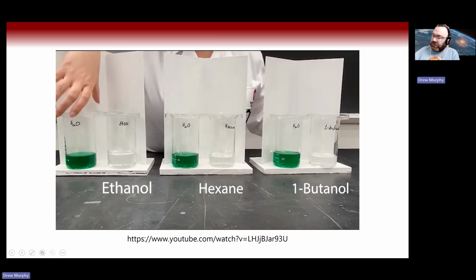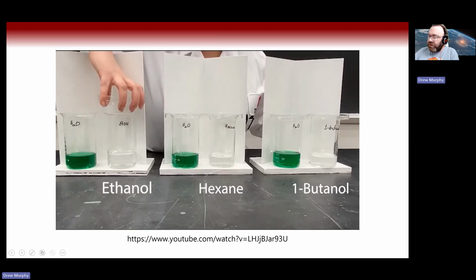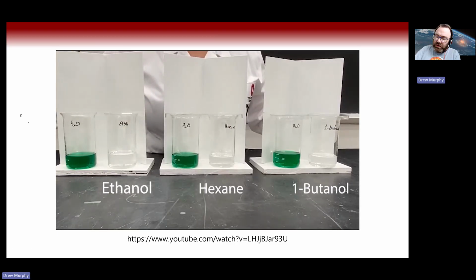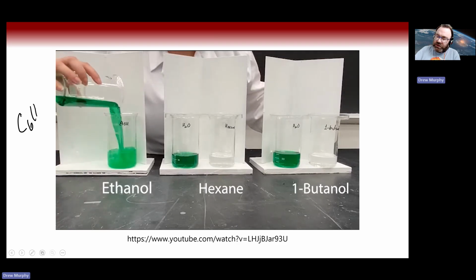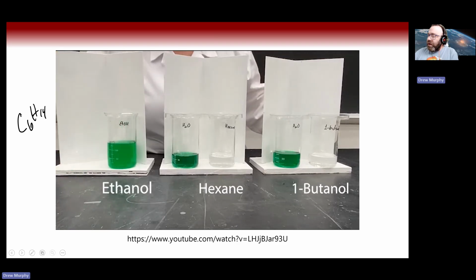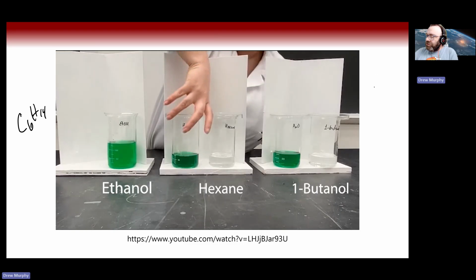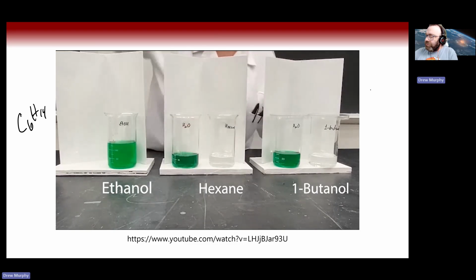Hexane for a reference is, I can't write on the video? C6H14, sorry, there it is. And 1-butanol has an OH group on the end. Remember we talked about OH groups.